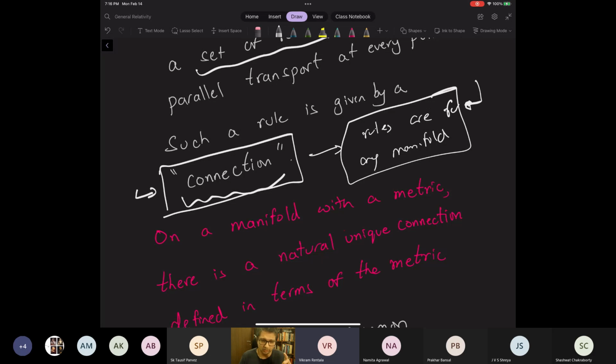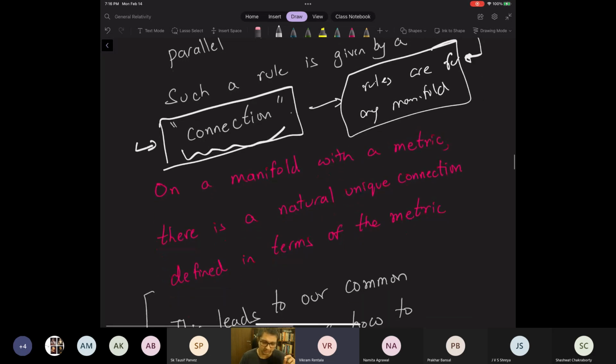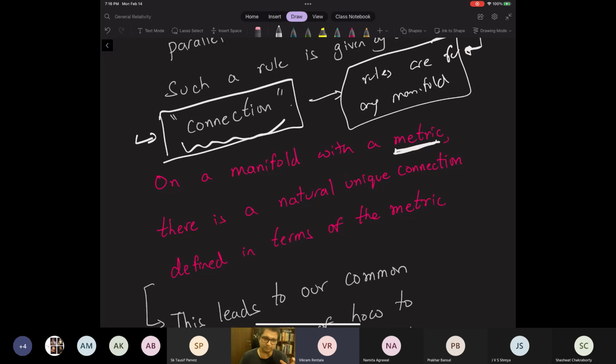However, as we'll see, if your manifold also has a metric, and this we'll see not today, but maybe in the next class, then the preferred set of rules, the connection, actually becomes unique. There's a natural unique connection which you can use for parallel transport. And our familiar rules, let's say in Euclidean space, of how we parallelly transport a vector, and we think of this as parallel to this, that really relies on our common sense intuition.